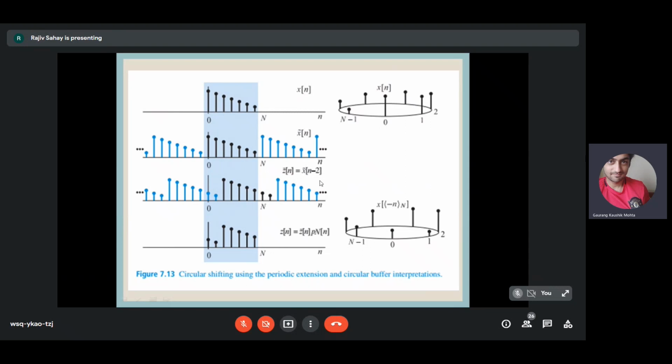To do this folding operation, x of minus n modulo N, you are just flipping around the center of symmetry 0, where the diameter of the circle is from 0 to N by 2. And if you want to shift, you have to go anti-clockwise and shift by m number of samples. Then you will get x of (n minus m) modulo N. So that is the idea of circular shift.